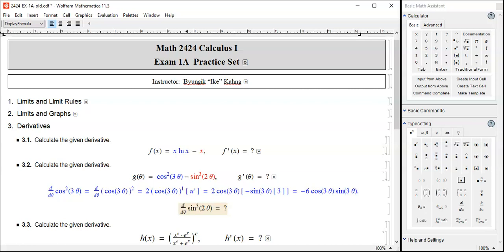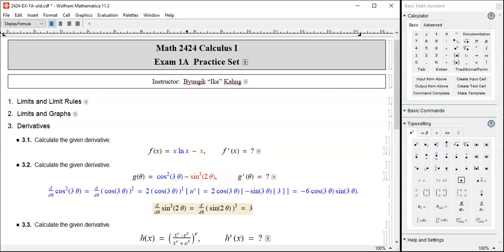Okay, how do you handle this? Again, please note that the outer function is not sine, but it's a cubic power function. So that's the outer function, and now I'm ready to apply the chain rule.